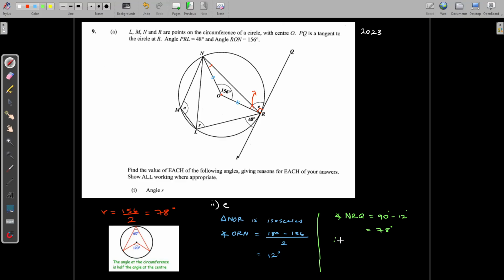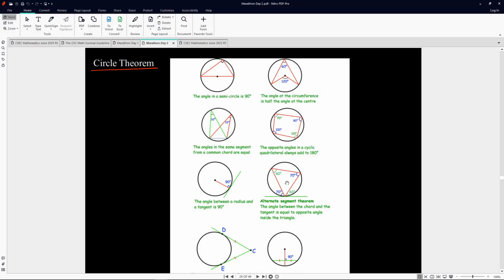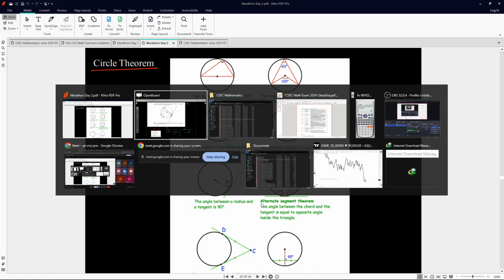So therefore, E, and the rule or theorem that we're going to use for this one is that the angle between the radius and tangent is 90 degrees.